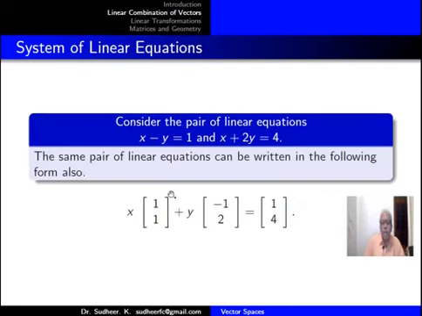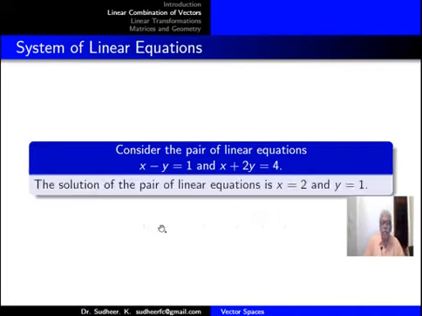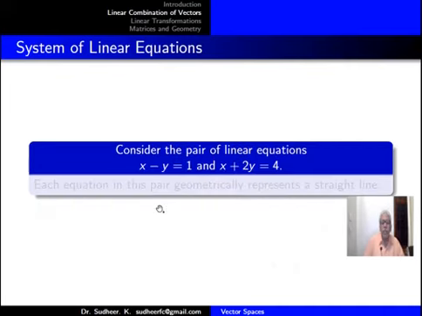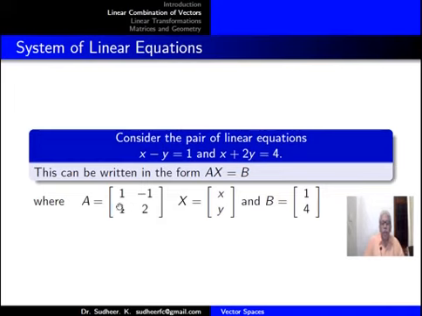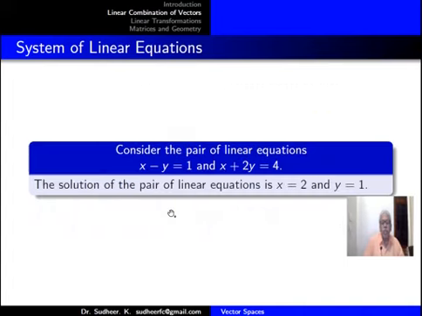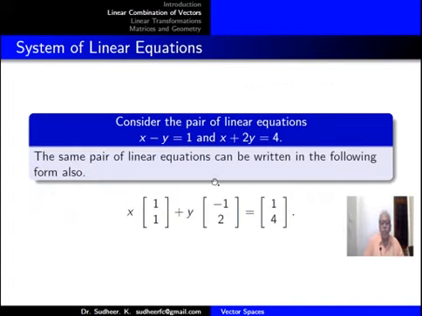Now, the same pair of linear equations can be written in the following form also. x multiplied by (1, 1), which is the first column of the coefficient matrix, and (-1, 2) is the second column of the coefficient matrix.